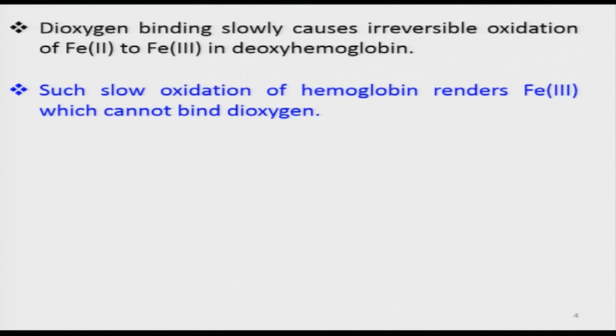Once it forms iron 3, it cannot bind a neutral molecule like dioxygen. It has to be an anionic ligand like cyanide or azide, but it cannot bind dioxygen reversibly anymore. So, the overall efficiency of hemoglobin decreases over time.